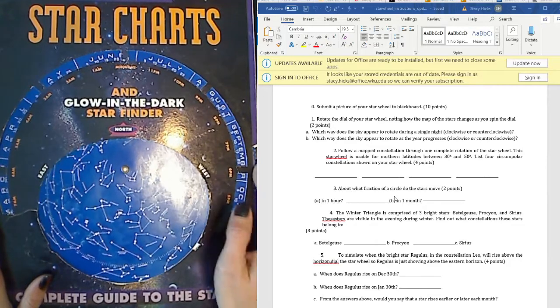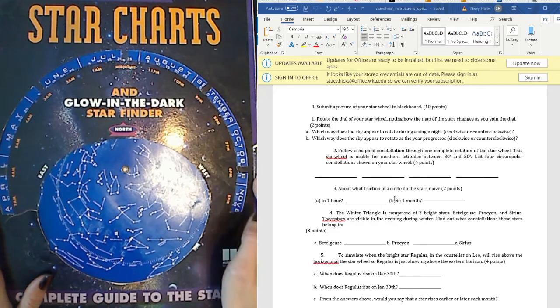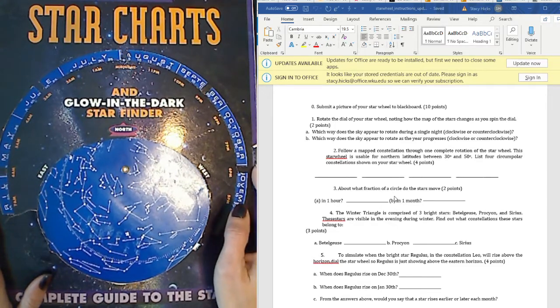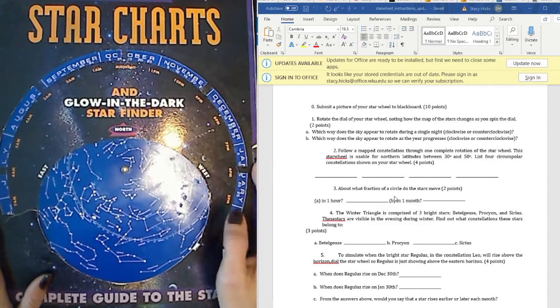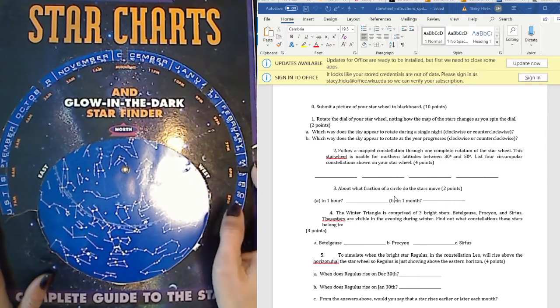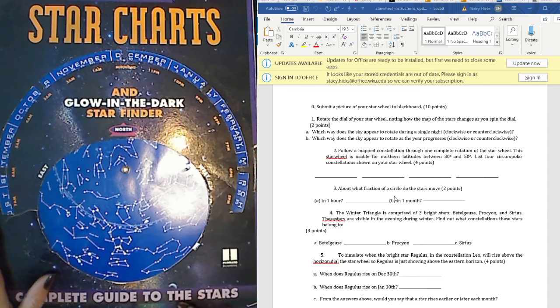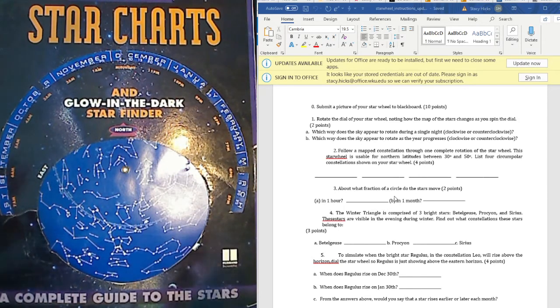So we're turning counterclockwise here until we get back around to February 9th at 8 p.m., right? So notice the stars are going to look roughly the same tomorrow night, right? So that means that it makes one cycle in 24 hours, right?